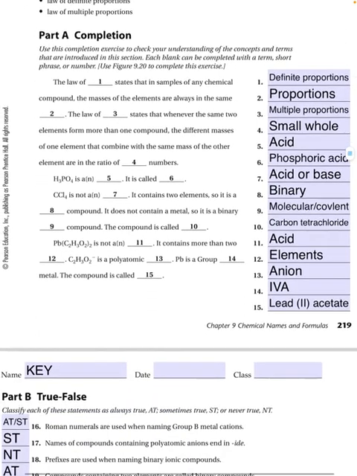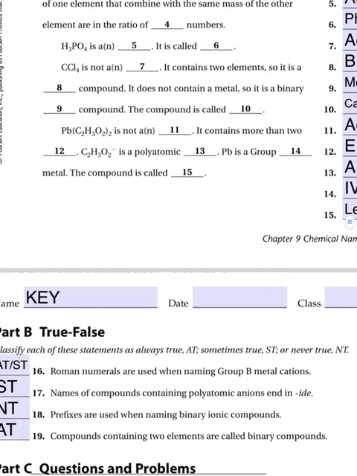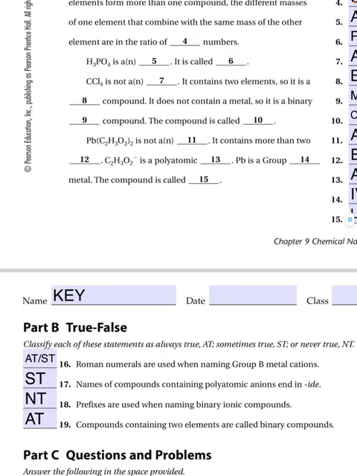Now I'm going to quickly move on to our conditional true-false. Roman numerals are used when naming group B metal cations. And I don't know how to answer this, because if I see a Roman numeral, I know it's a group B transition metal. Always. But there are a couple of transition metals that don't have multiple valences. The one I think of all the time is silver.